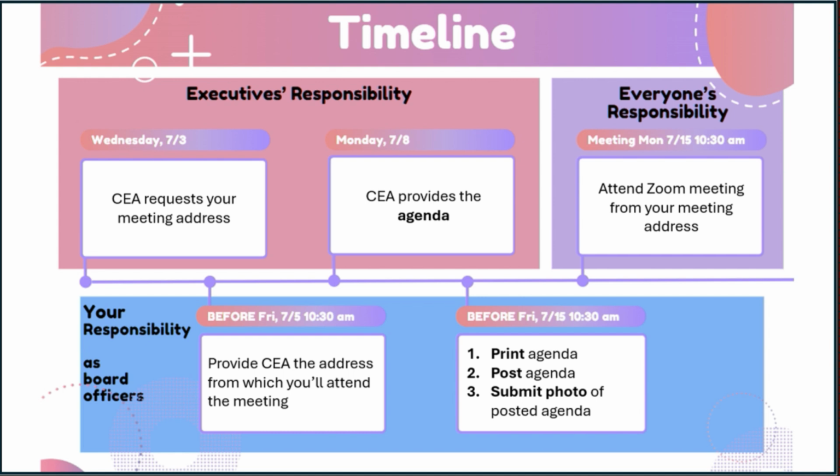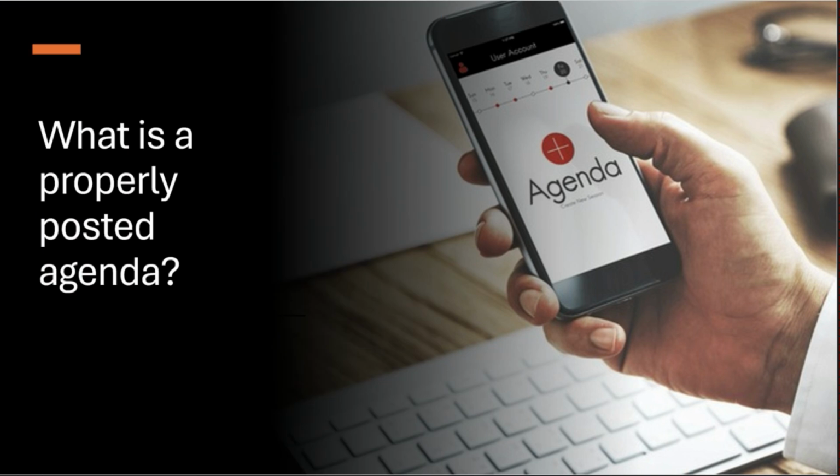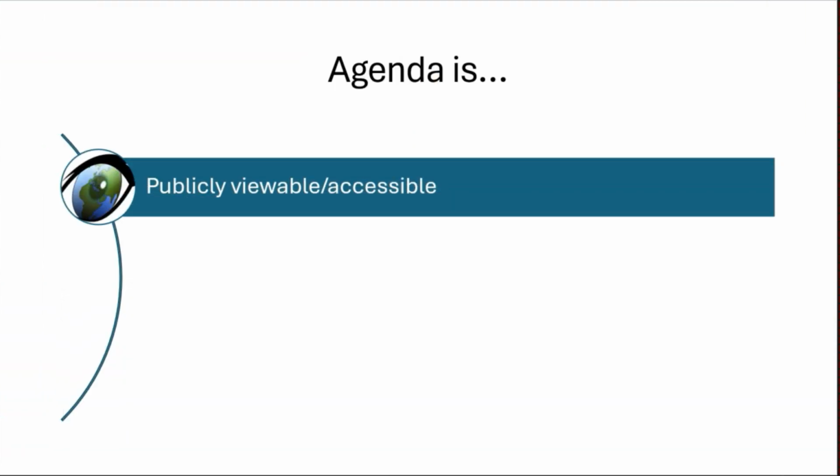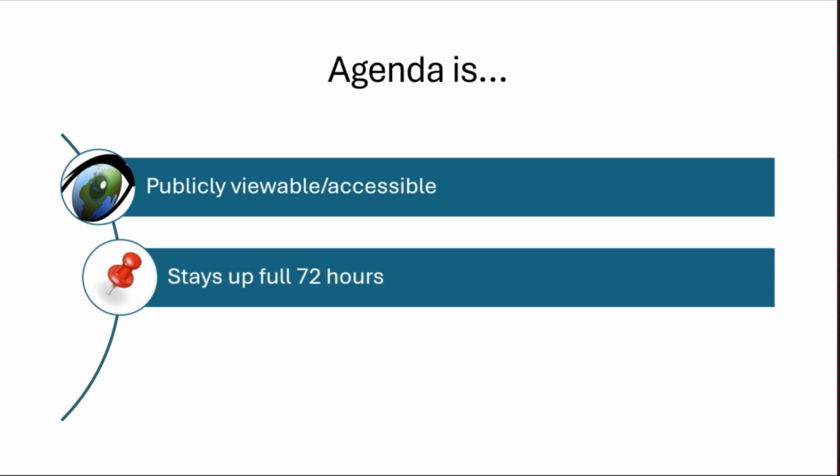Okay, so then what does it mean to have a properly posted agenda? We're going to start with that our agenda needs to be in a place that is publicly viewable and accessible. We will discuss that in further detail in a moment. The agenda needs to stay up for the full 72 hours.